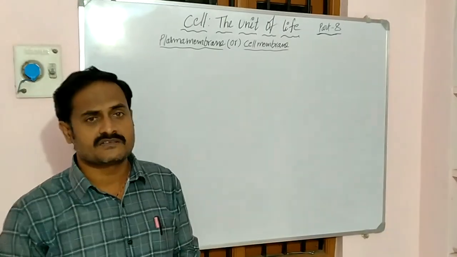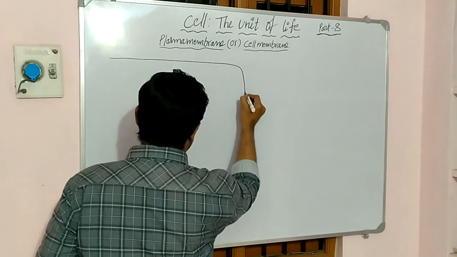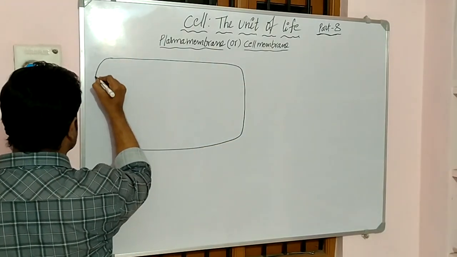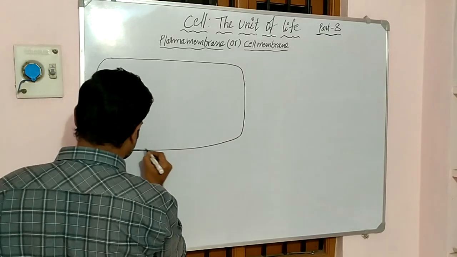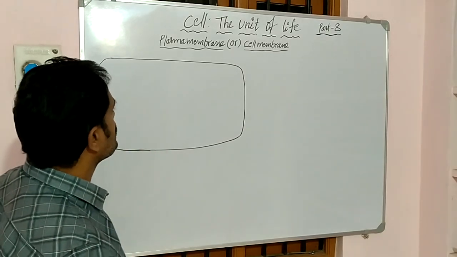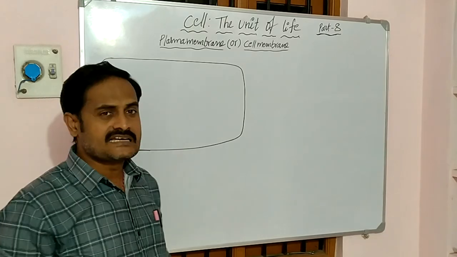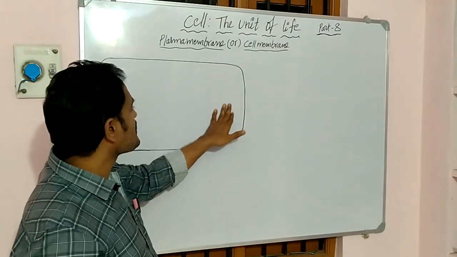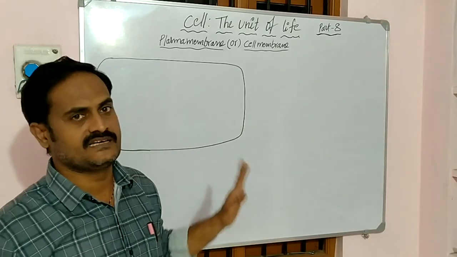Okay, coming to the plasma membrane, I will draw the diagram here. Suppose this is one eukaryotic cell. The eukaryotic cell is surrounded by one membrane.